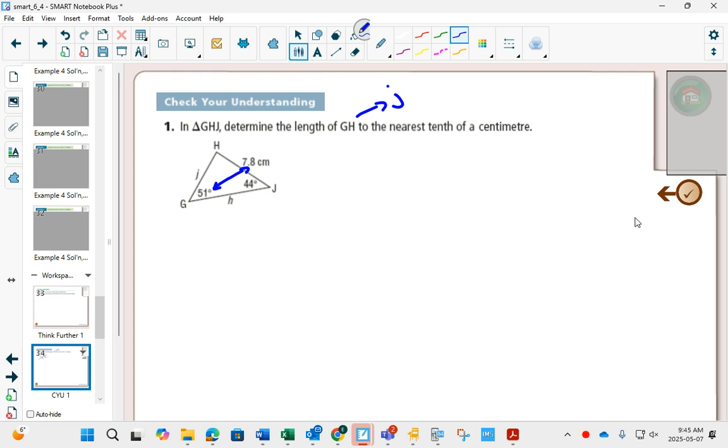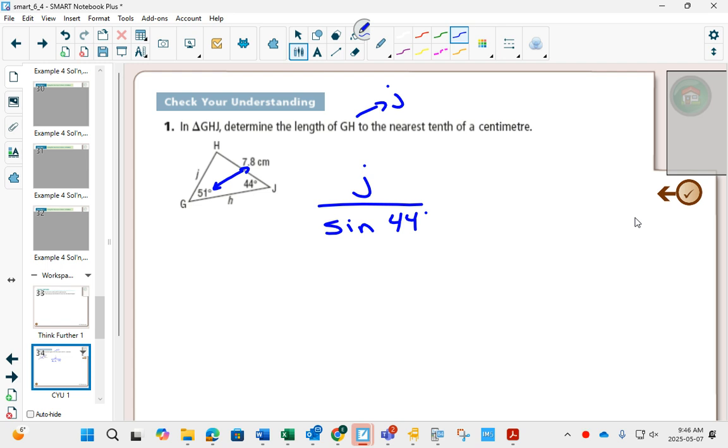So when using the sine law, what makes things easiest is whatever you want to solve for, in this case J, put that in the numerator of one of your fractions, because sine law always has a fraction equal to another fraction. And angles always go with the side opposite it. So if I put J on the top, I'll have to put sine on the bottom. And what angle is opposite of side J? So here's side J. So here we would have 44.